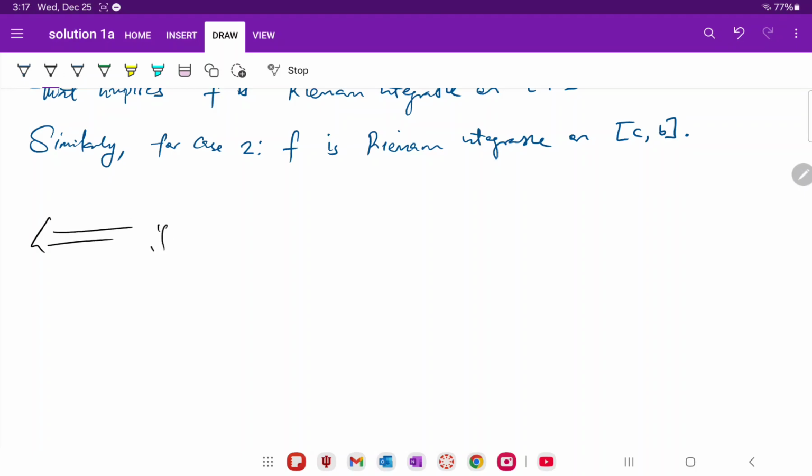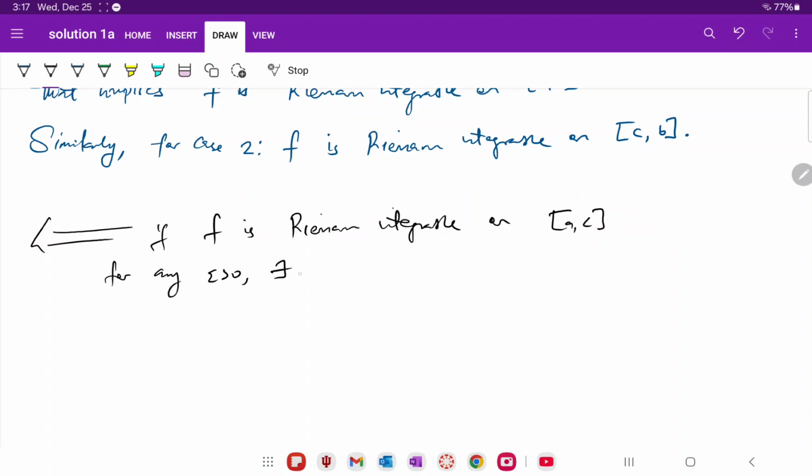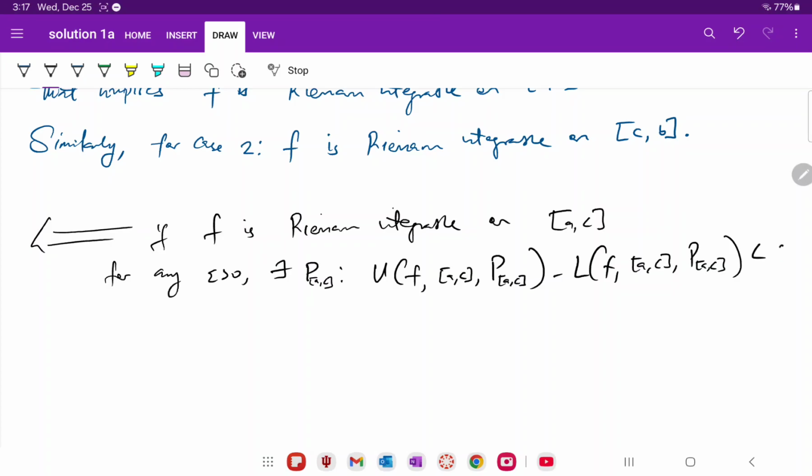So in the other direction, if f is Riemann integrable on [A, C], that means for any epsilon greater than 0, there exists a partition P such that the upper Riemann sum of f on [A, C] minus the lower Riemann sum of f on [A, C] is less than epsilon.